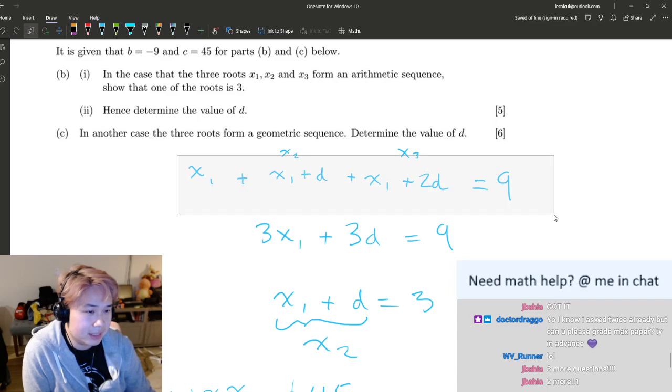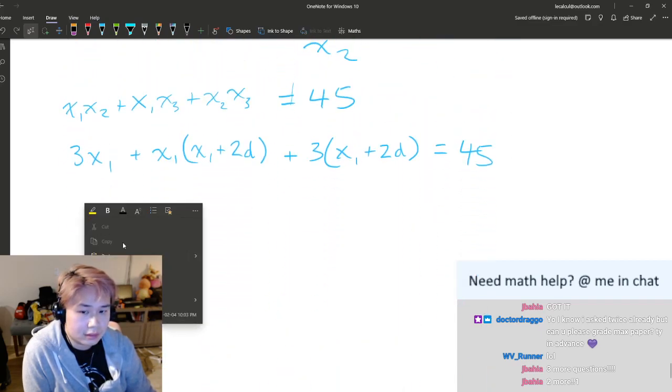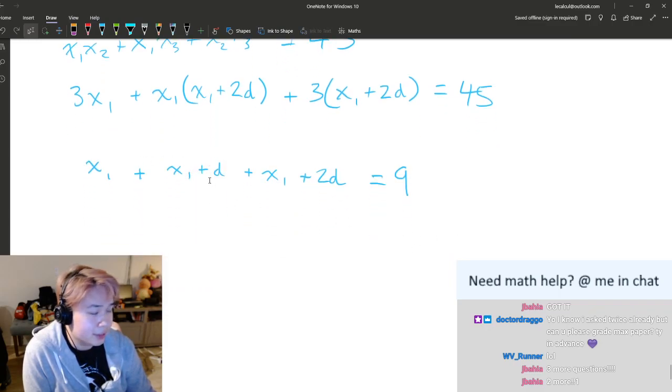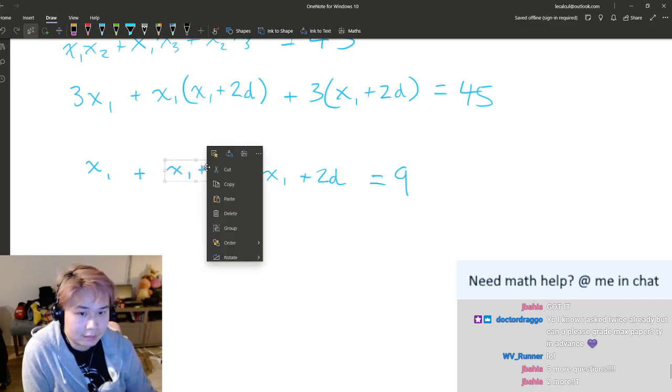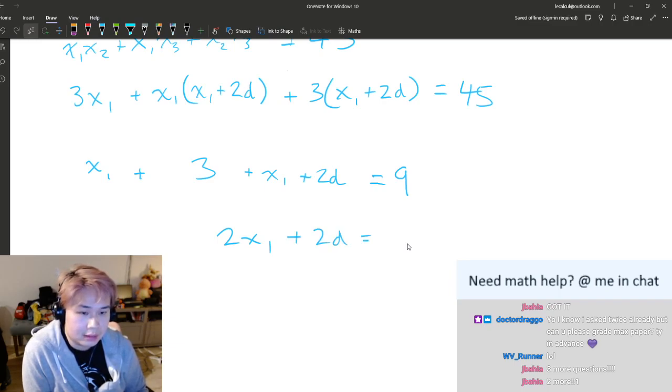And this is all equal to 45. And then at the same time, I have this original question, and I can replace this value right here with 3. So this was x2. So in other words, I have 2x1 plus 2d is equal to 6.